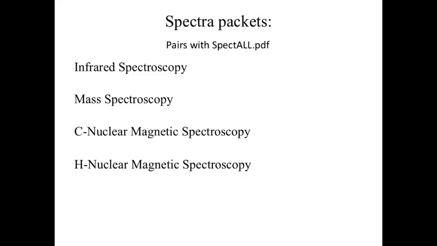So as a general review, we've got 4 primary forms of spectroscopy that we're going to deal with this semester. We've got IR spectroscopy, or infrared spectroscopy, which we have talked about already, and ultimately what we're looking at there are bond vibrations. We excite bonds, and those bonds vibrate, and we can detect that vibration.